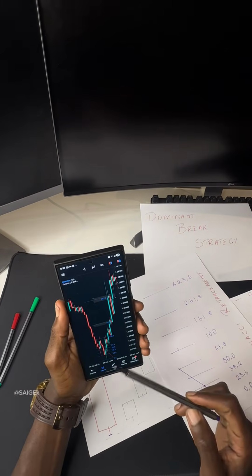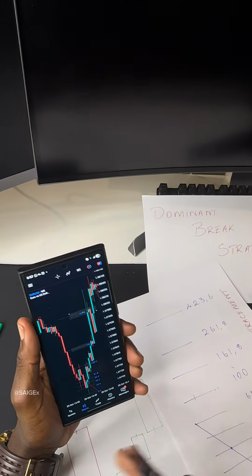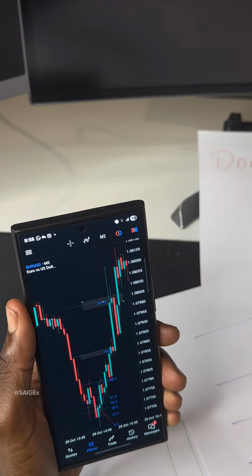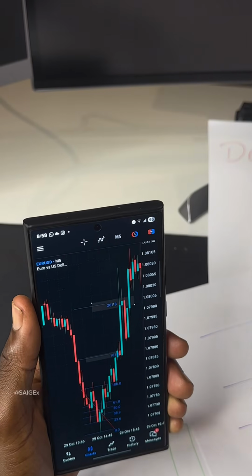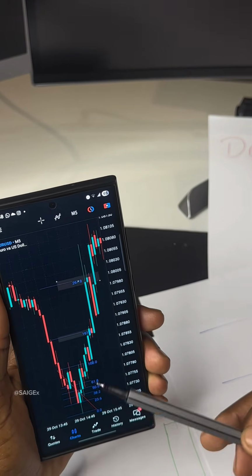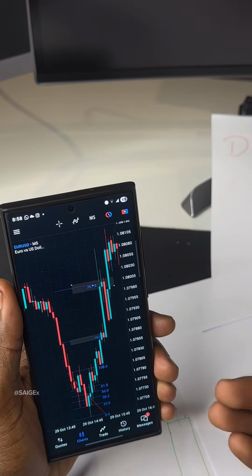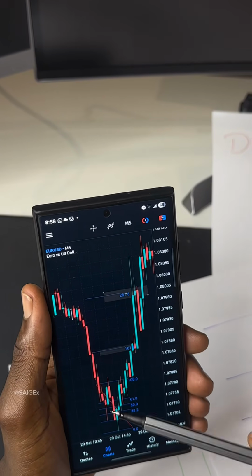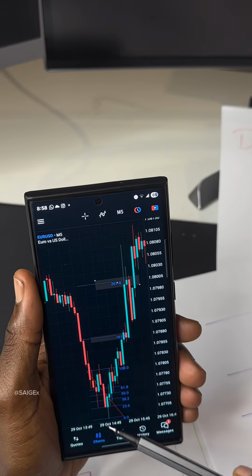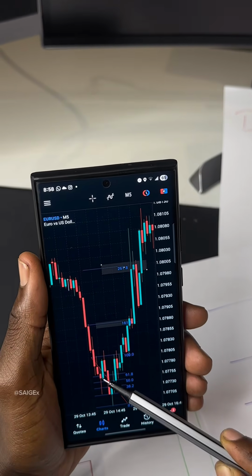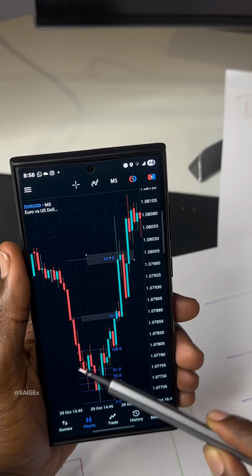So we come here in the chart and then try to find where there is a dominant break buy. Make sure your trades are corresponding to the chart. You go to the higher time frame, you check if it's a downtrend or an uptrend. If it's an uptrend, then you come here and you see a dominant break buy. It means the trade is more likely to go in your favor, okay. Then you see something like this. There's a big candle, then there's 1, 2, 3. The third one has surpassed this sell candle, meaning it's a dominant break buy.